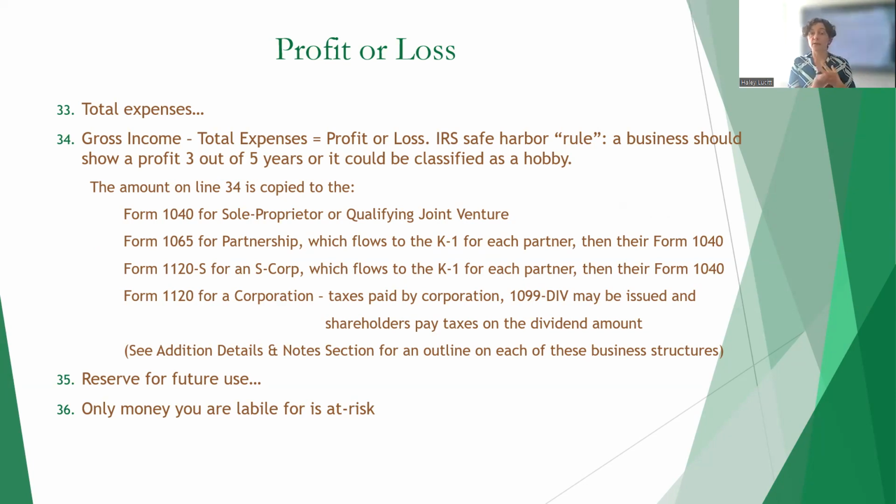Form 1065 for a partnership, where you and a friend are farming together. 1120S, if you've grown big enough with the company that you're an S corporation, where you're an employee and a partner of the company. All of the Schedule F net profit and loss flows to one of these forms to be included with any other income that you have that is being reported.